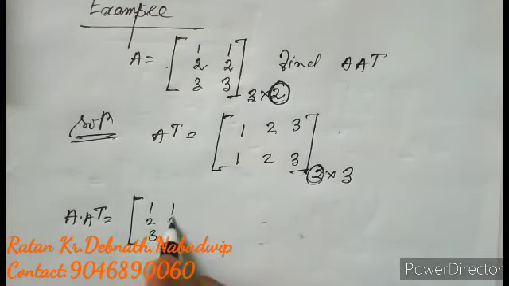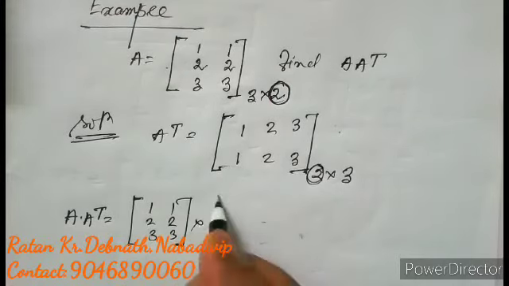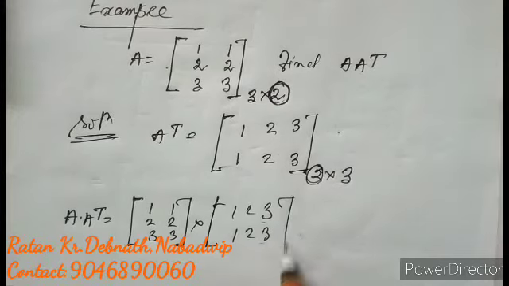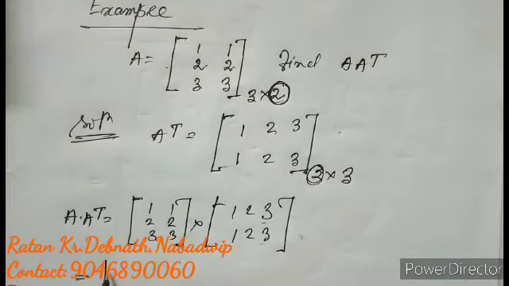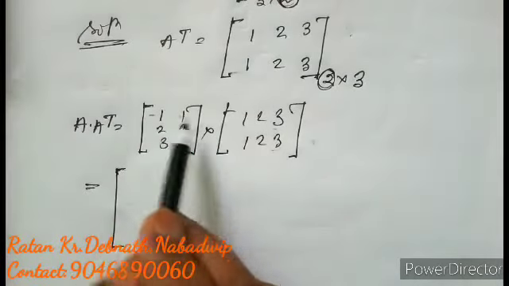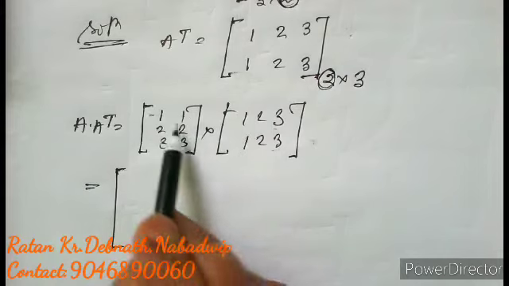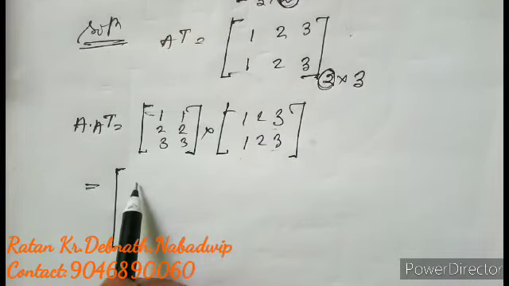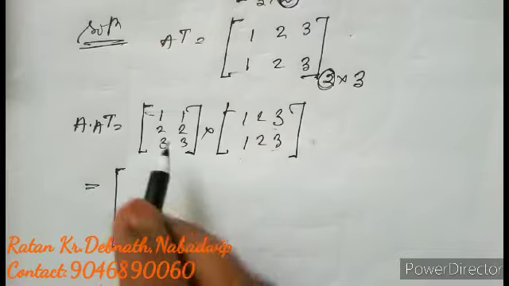1 2 3, 1 2 3. This row with this one gives the first element of the first row.